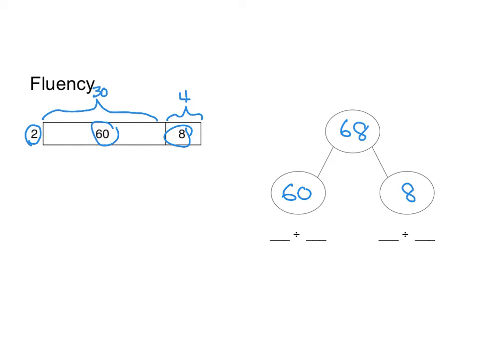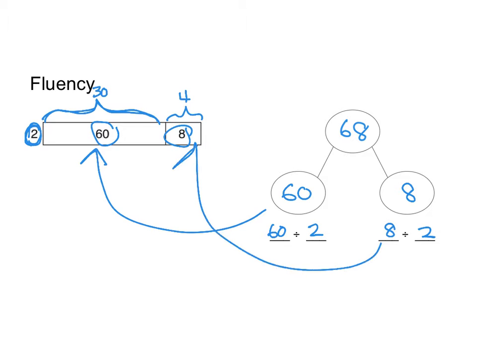Now that becomes a little bit easier, and we can say 60 divided by 2, which is our width over here, and 8 divided by 2. What we're trying to figure out, again, is that 60 divided by 2 is going to give us the length here of 60, and then the 8 divided by 2 will give us the length here, which we have already put in, but we'll do it in a different order next time.